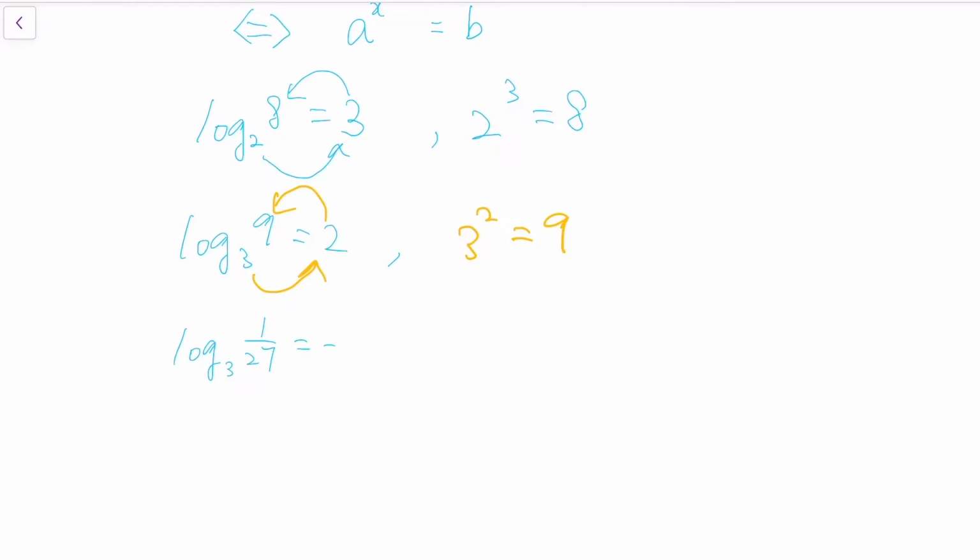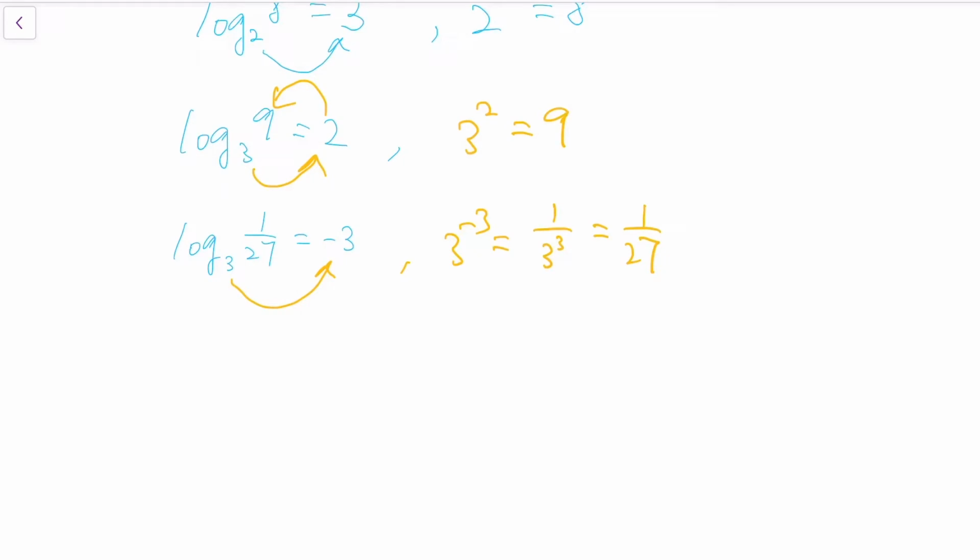And since 3 to the power of 3 is 27, the answer is negative 3, right? Because 3 to the power of negative 3 would be 1 over 3 to the power of 3, which would be 1 over 27. If you're not familiar with the meaning of a negative power, you should go back to the last section on the law of exponents.